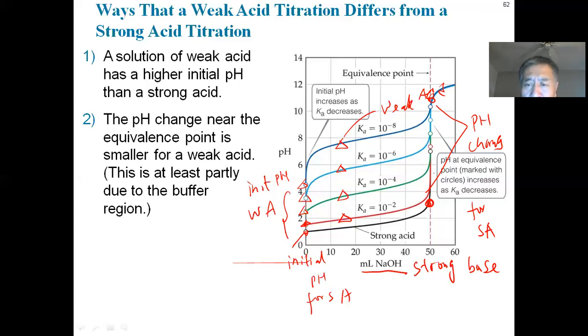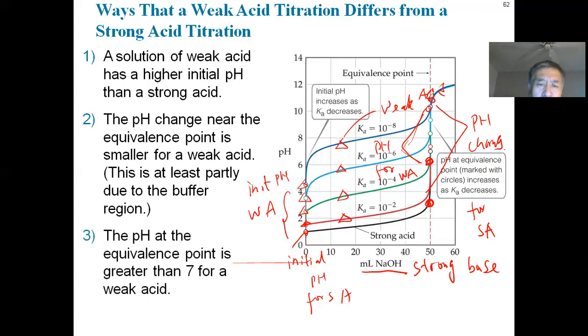For a weak acid, let's see this green line here, that's the pH change for the WA, weak acid. Obviously this change for this weak acid is much smaller than the pH change for a strong acid.